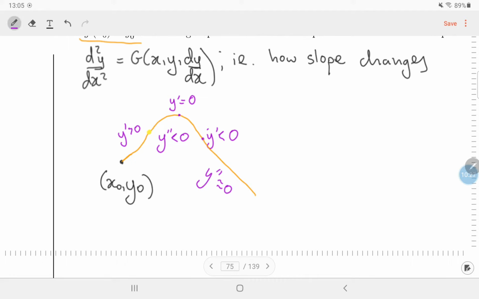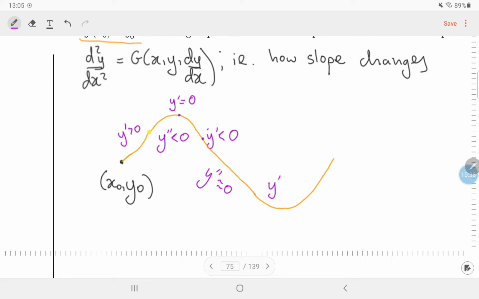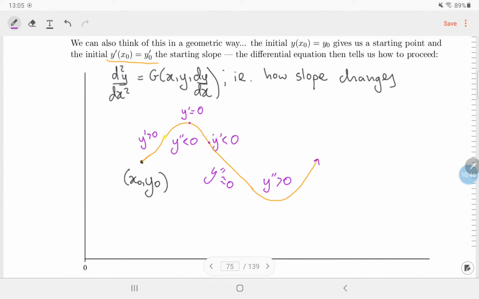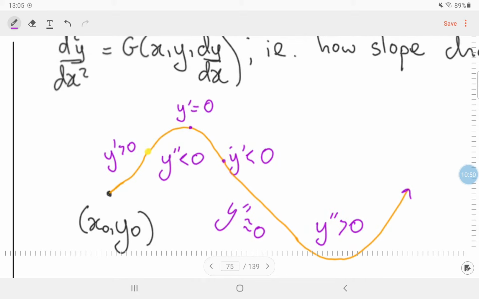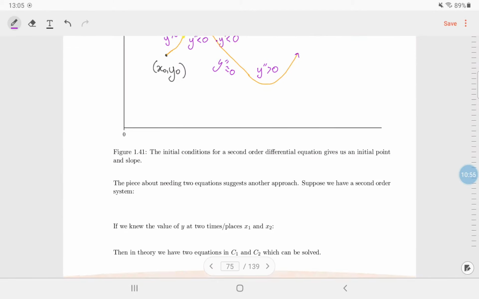And if the slope is negative and starts increasing to 0 and up to positive, that's the second derivative being positive. This is stuff about second derivatives and shapes of graphs that you should know about. It's a bit lame, but if the second derivative is negative, you've got a frown. If the second derivative is positive, you've got a smile.